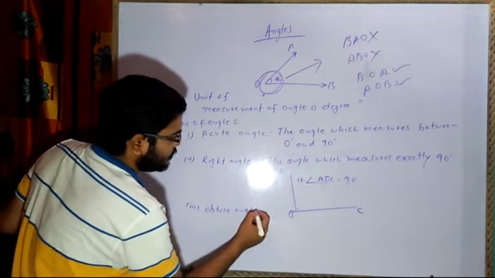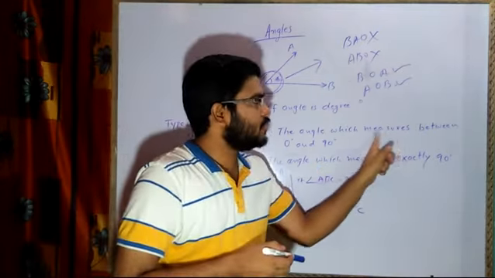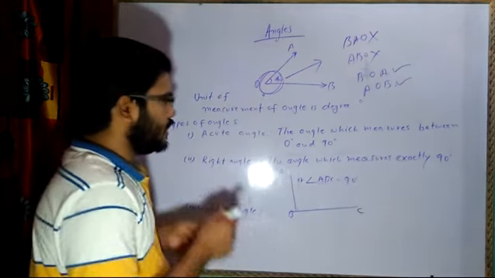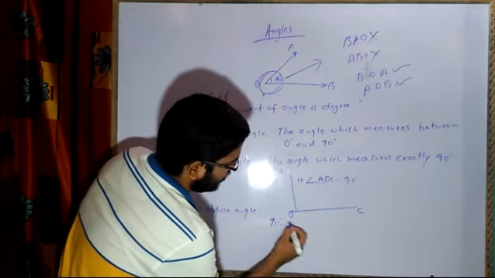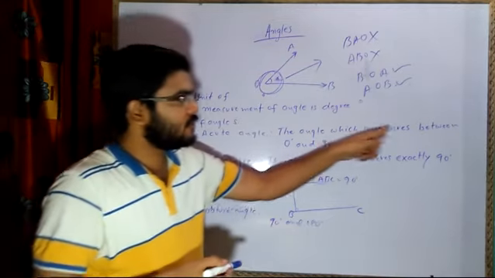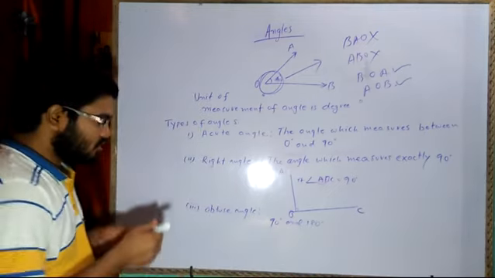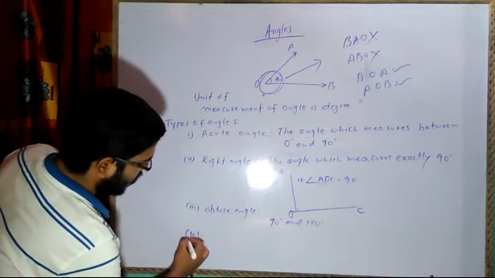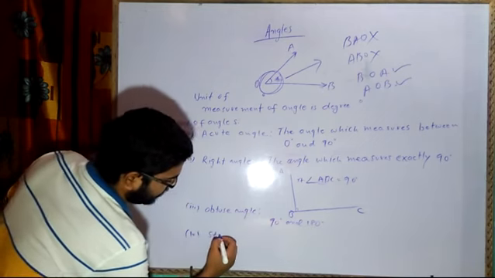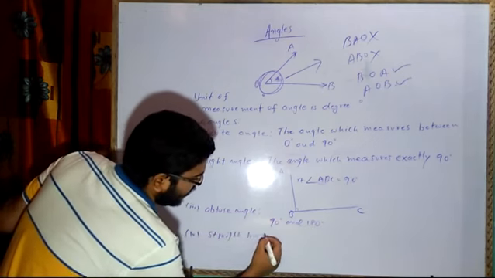Obtuse angle. Now in case of obtuse angle, the definition says the angle which measures between 90 degree and 180 degree. Okay, the angle which measures between 90 and 180 degree is said to be obtuse angle. Then we are having straight line angle.